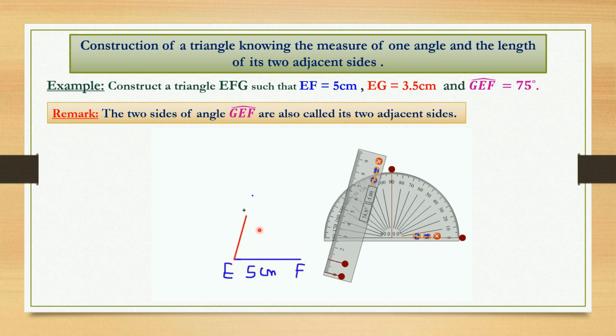I count from 0 till 3.5, and I locate the point G such that EG equals 3.5 centimeters.